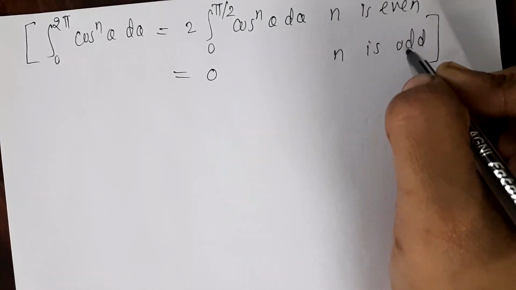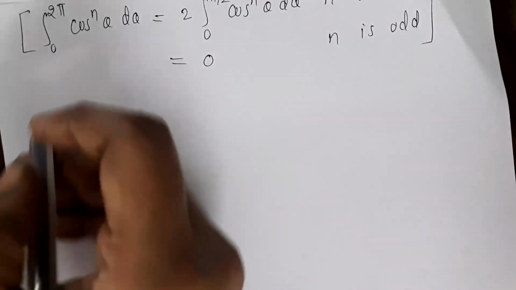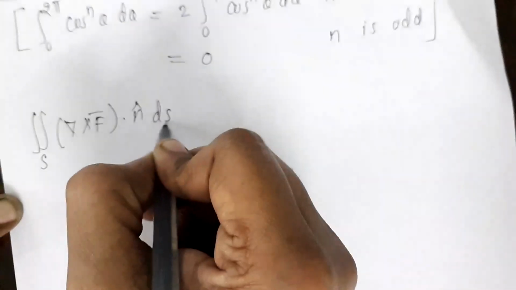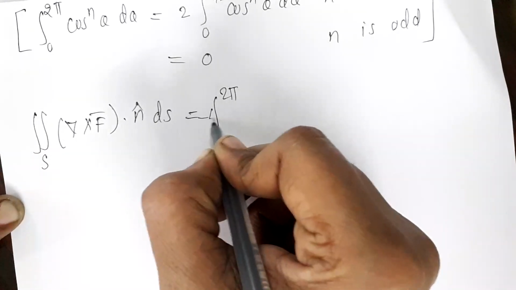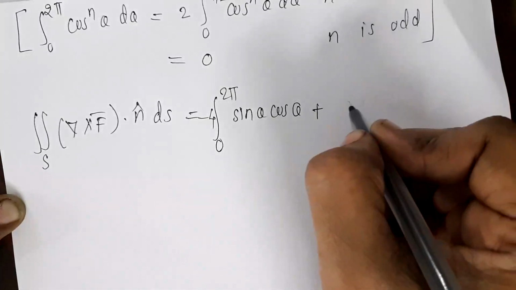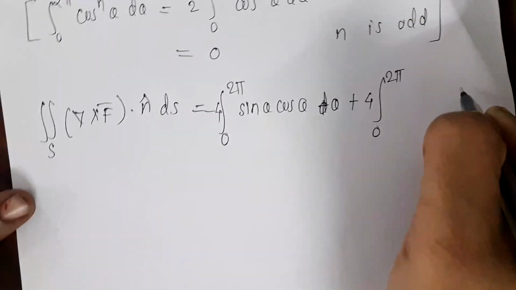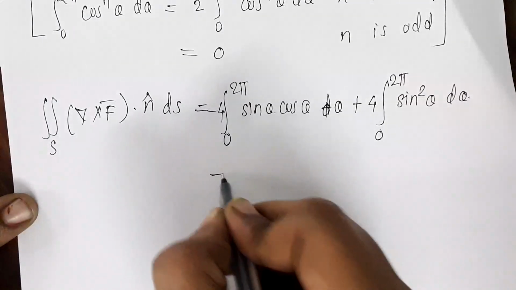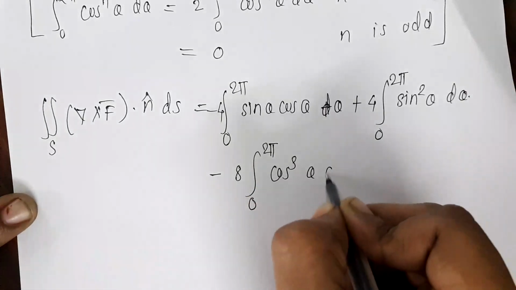Now separate that. The double integral over S of del cross f dot n cap ds is equal to integration 0 to 2 pi of minus 4 sin theta cos theta d theta, plus 4 times integration 0 to 2 pi of sin square theta d theta, minus 8 times integration 0 to 2 pi of cos cube theta d theta.